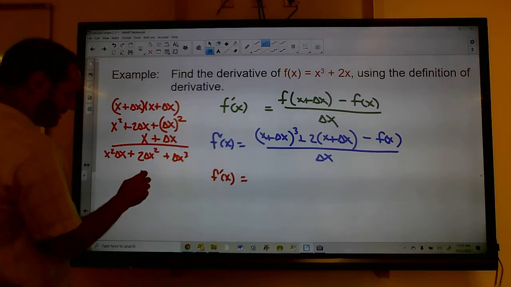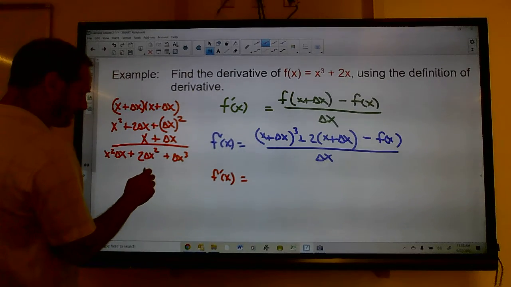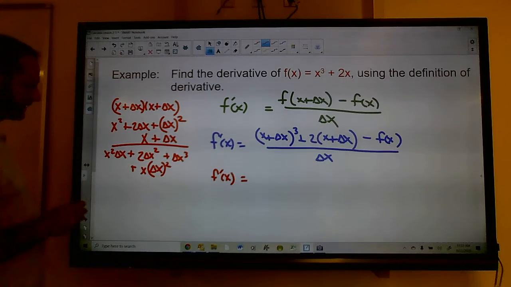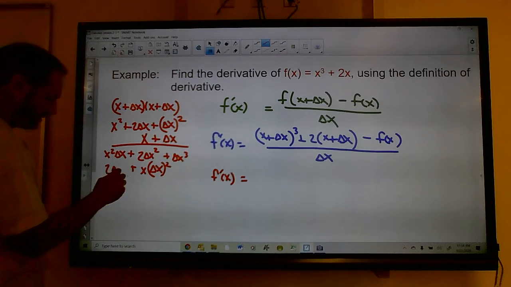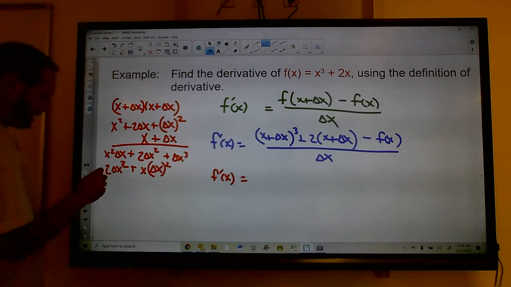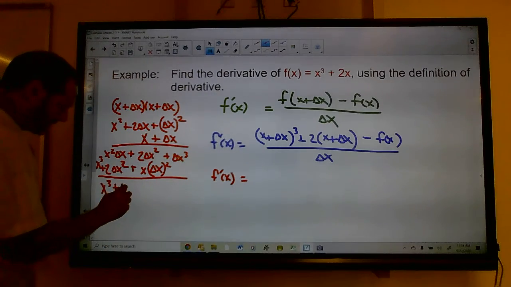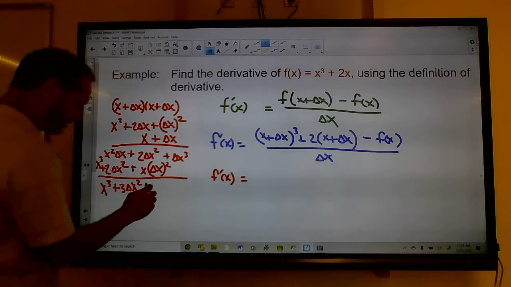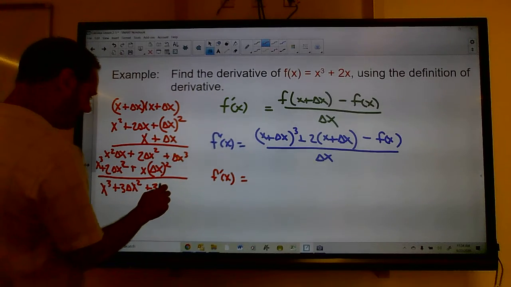So this is going to be x delta x squared plus 2 delta x squared, oops, and x cubed. So I should get x cubed plus 3 delta x squared plus 3, I got my x's here wrong.